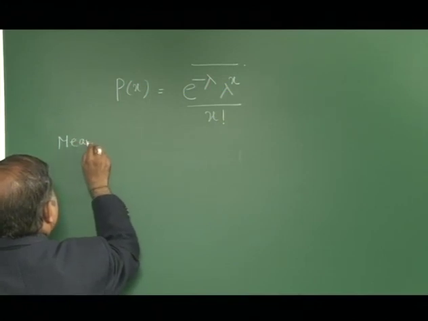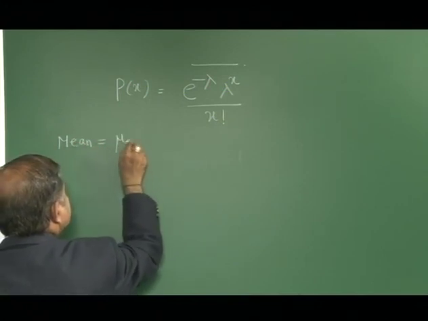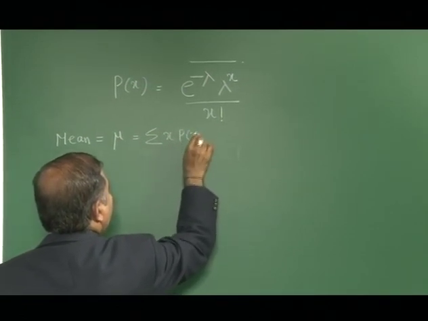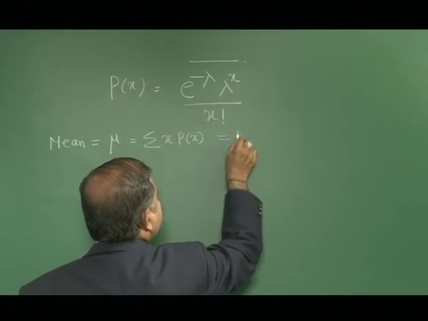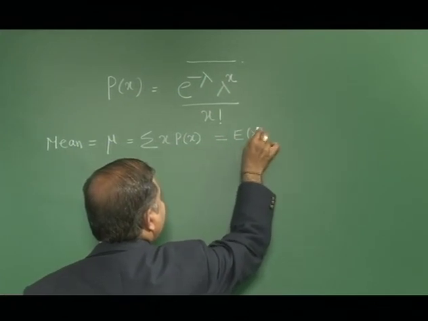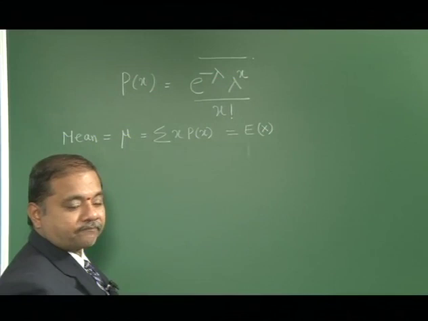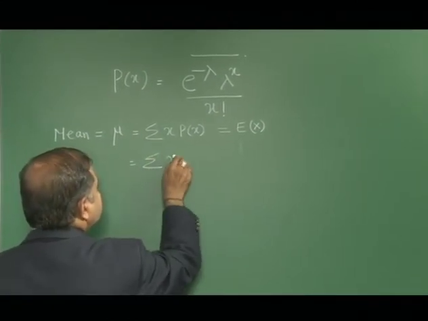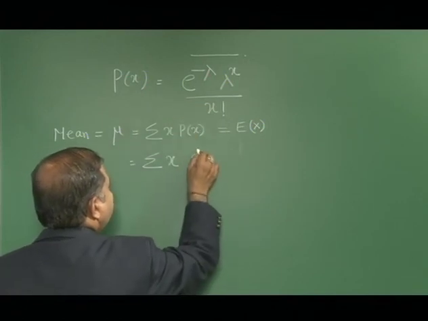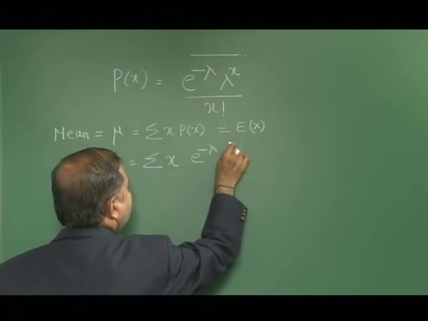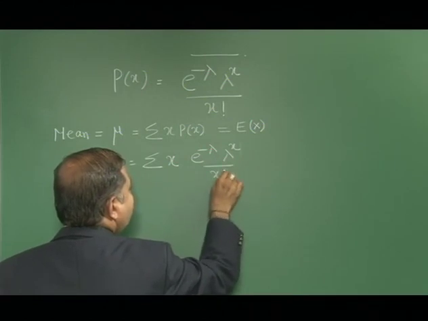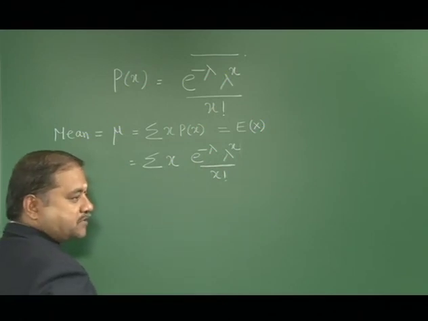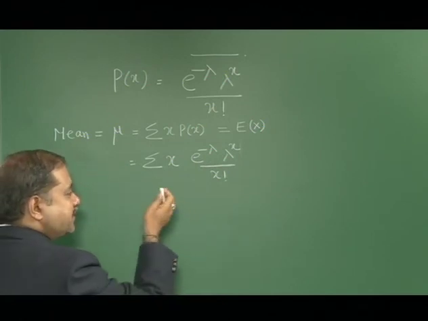What is the mean? It is denoted as mu, the summation of x into p of x. In other words, it is also called the expected value of x. This is equal to the summation of x times e power minus lambda, lambda power x by x factorial. If you have followed the binomial distribution, this is easy.